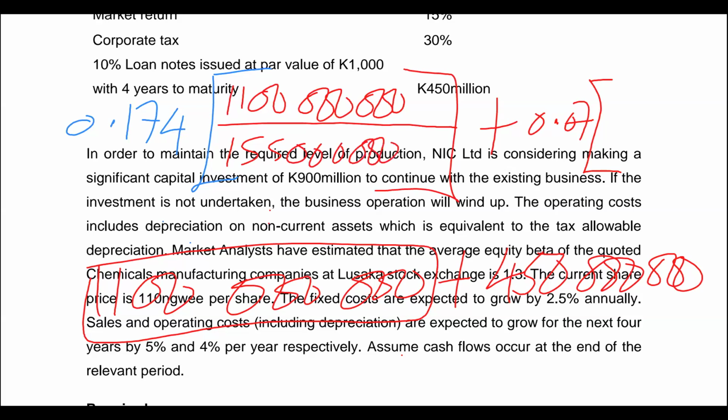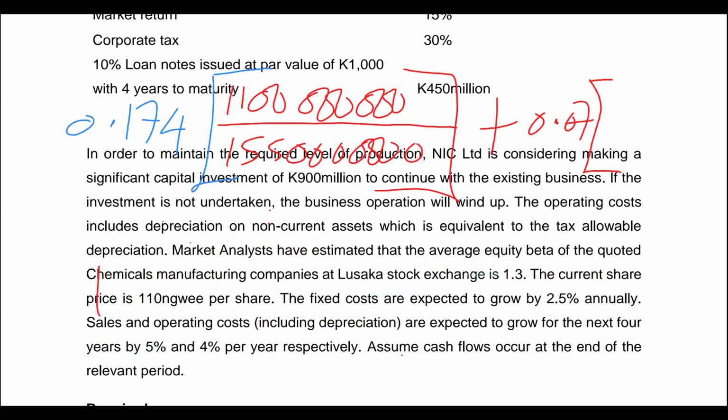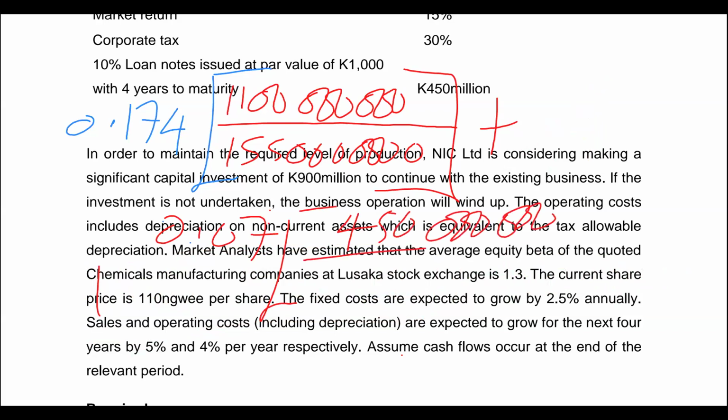How much is this one? Yes, 7 zeros. So plus 0.07 of it: 450 million divided by 155 and so on.